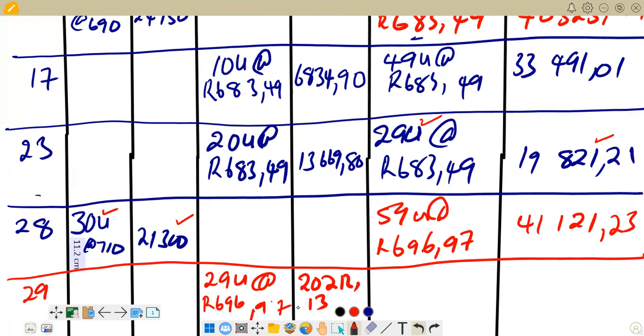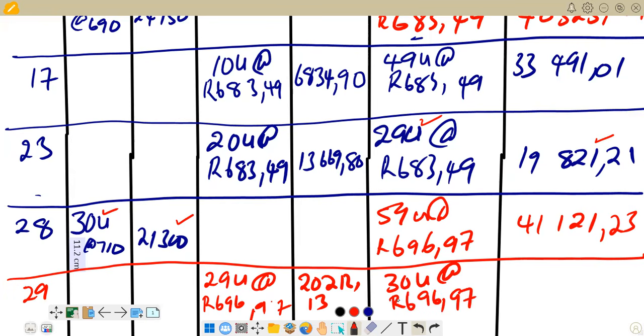Then on the balance section at the end, we had 59 units, and we issued 29. So we are saying 59 minus 29, then we get 30 units. We are using the value 696.97.